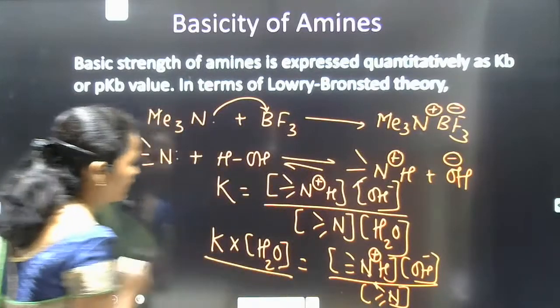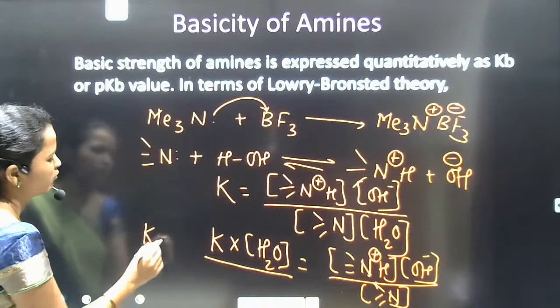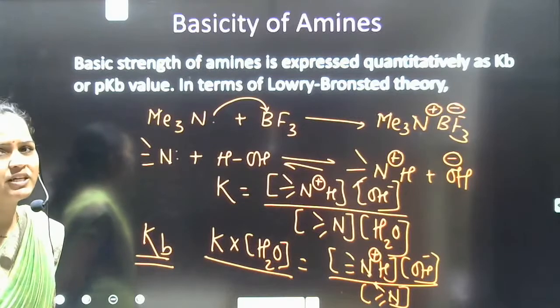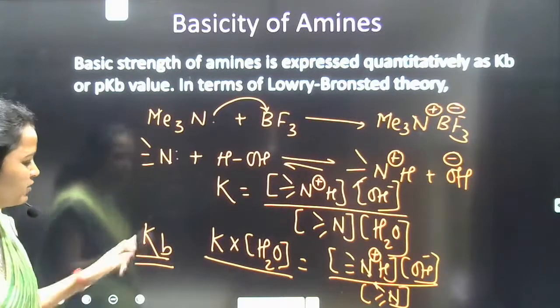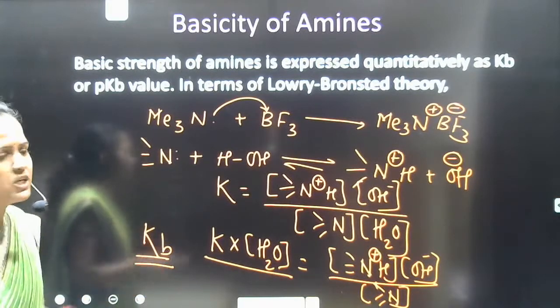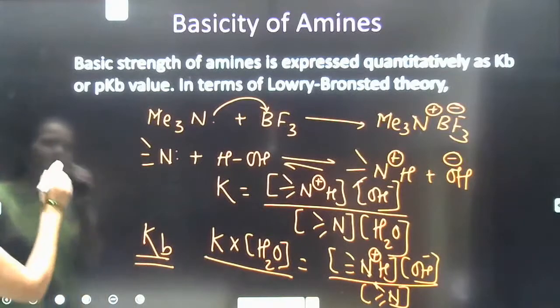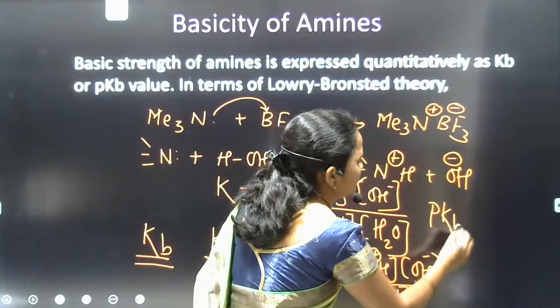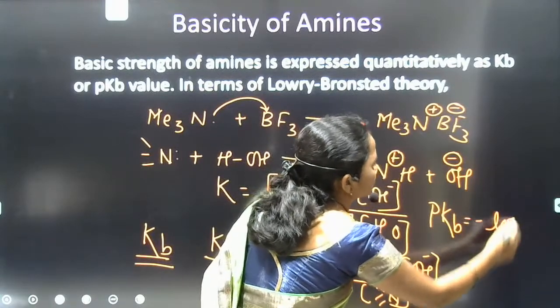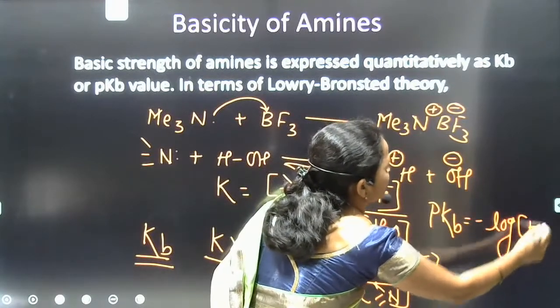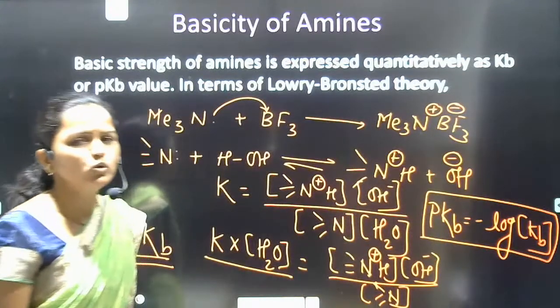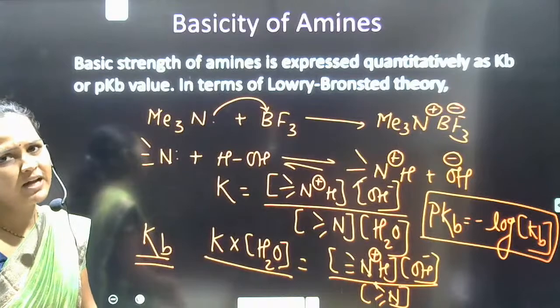This K into the concentration of water is Kb, the basicity constant, the equilibrium constant for the base. pKb is equal to negative log to the base 10 of Kb. So the smaller the pKb value, the stronger the amine.